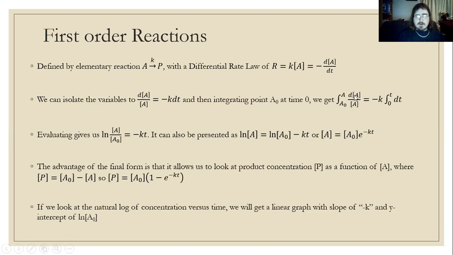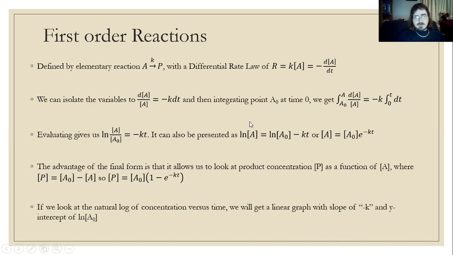Integrating 1 over A dA gives us the natural log of A, integrated over the interval from A sub 0 to A. So ln A minus ln A sub 0 can be evaluated as ln A over A sub 0. The integral of 1 dt with respect to t is just t.